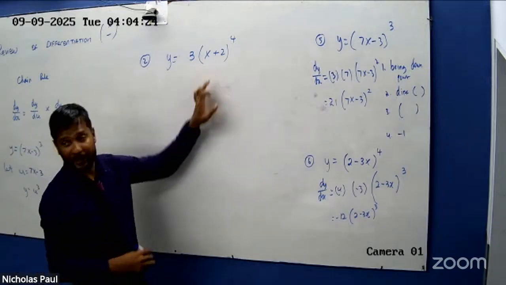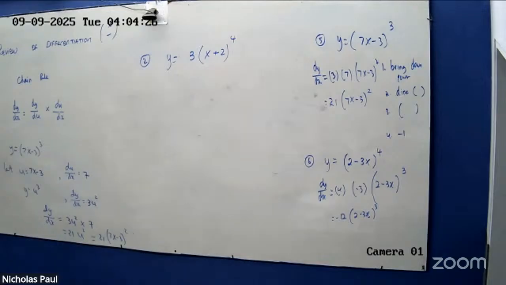The part in the bracket, right? x plus 2.